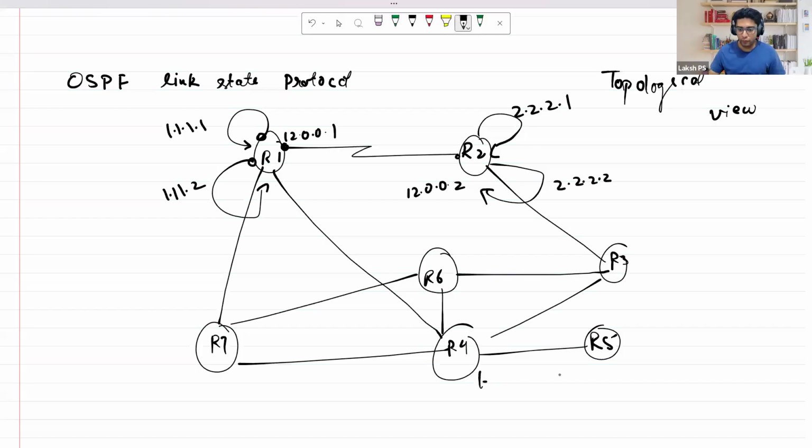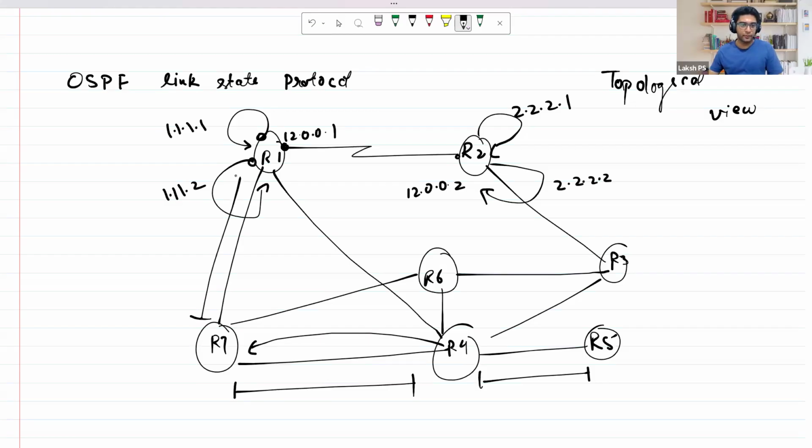Let's say between R4 and R5 we create OSPF, they exchange their database. R4 and R5 are not connected to R7 yet. When OSPF happens between R7 and R4, R4 will share R5's database with R7 as well. Now, when OSPF happens between R7 and R1, R7 is going to share not only his database, he is going to share R4's database and R5's database as well.